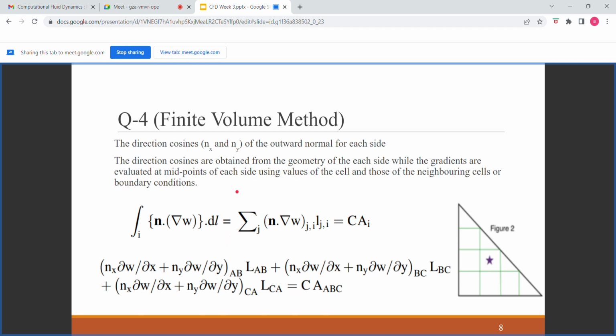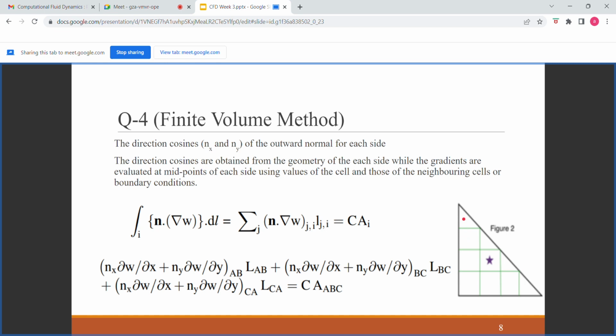In the finite volume method, we use the direction cosines nx and ny. Normally, for a given face, the direction cosines are used in the outward normal direction. Whereas the gradients are evaluated at the midpoint between two cells. So if these two are the cells under consideration, it would be the midpoint of this cell and this cell.